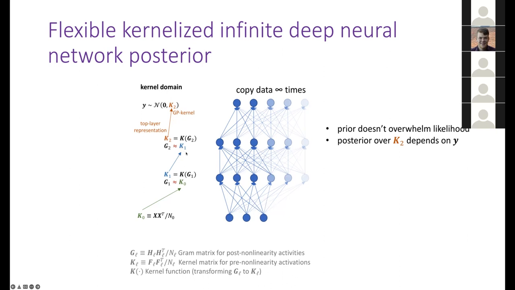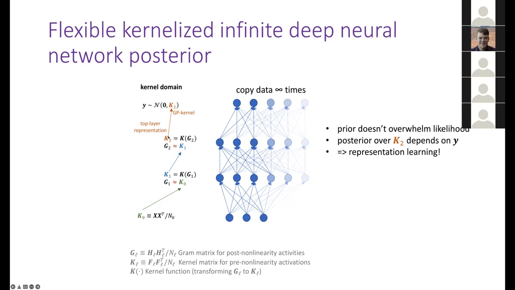This function in here remains deterministic, but the Gram matrix, which, if you remember, depends on the features, and the features depend on the weights. So that Gram matrix is going to be close to, but not exactly the same as, the kernel at the previous layer. Likewise, this Gram matrix here is close to, but not exactly equivalent to, the kernel at the previous layer.